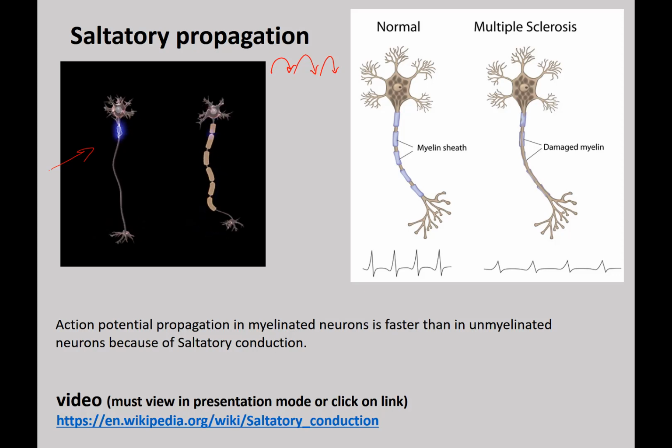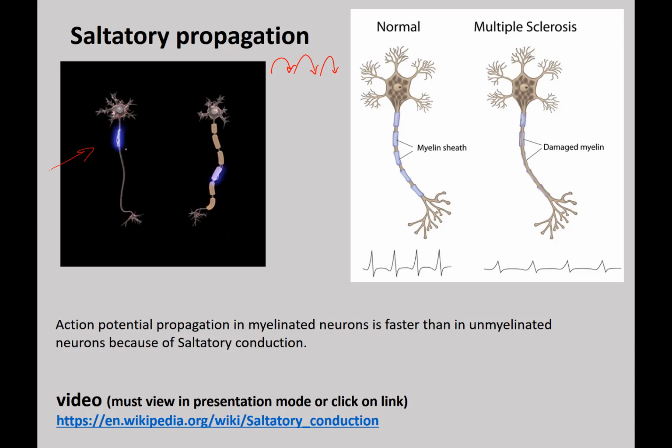This is just to illustrate what can happen when you have damage to the myelin sheath. So multiple sclerosis is an autoimmune disease where our body attacks the myelin and damages it.